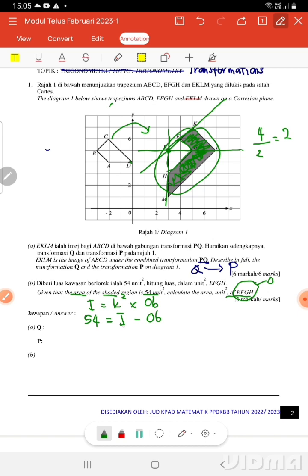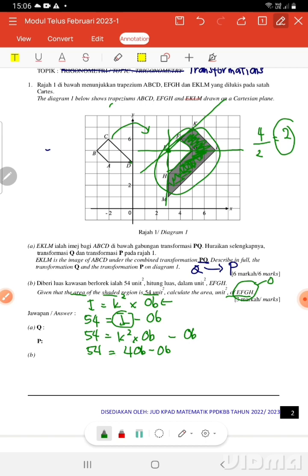Next we can substitute the value of I in this equation. So 54 is equal to, from I here we substitute with k squared times object. Then remember to minus object again. If we simplify, we already have the value of k, which is 2. So 2 squared is 4. So 4 OB minus OB.